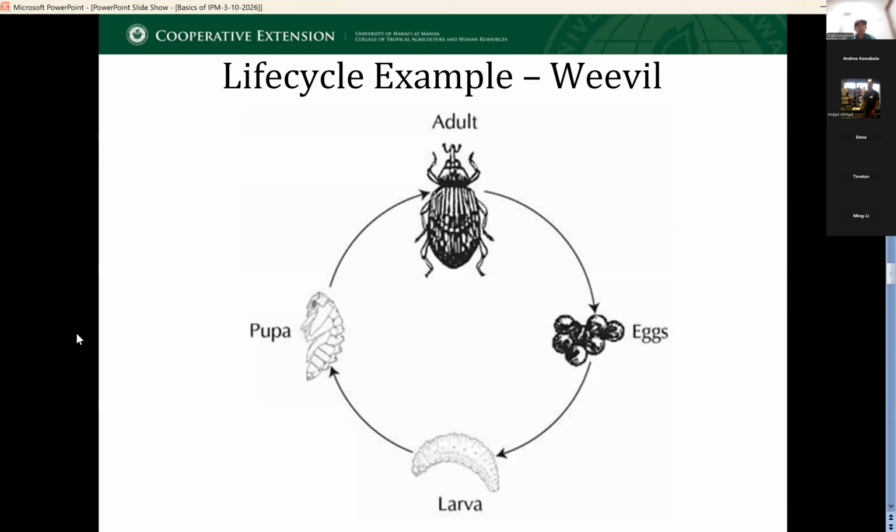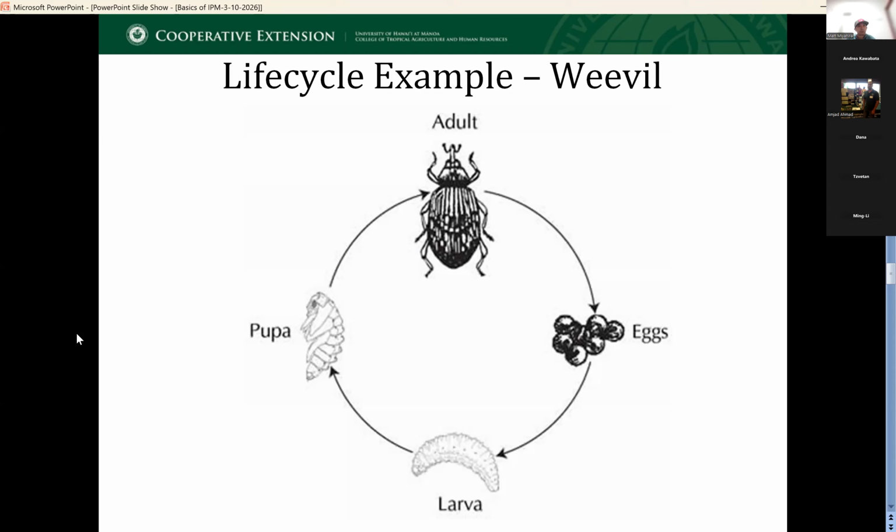Boom, I will be able to stop that cycle and benefit from it. Right now we have a very good example in Hawaii, CRB. If we can control the larvae when they are in the compost pile, we will stop them from becoming adults and going up to the coconut and feeding on the growth area.